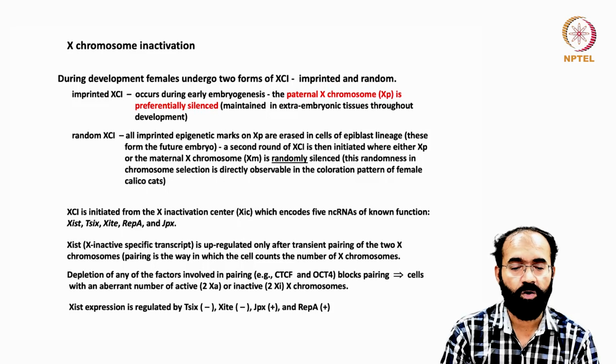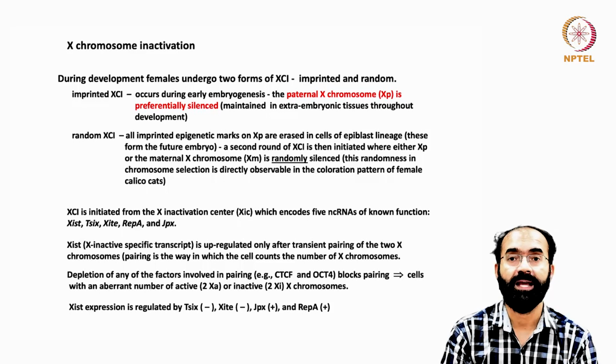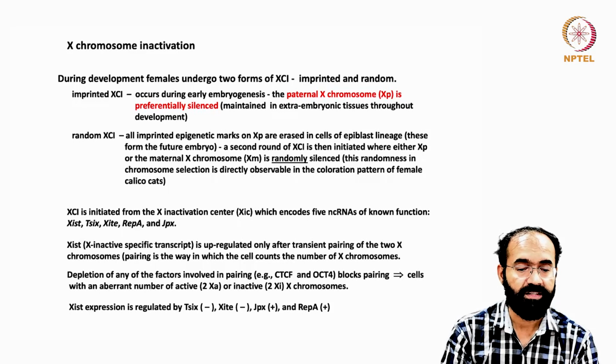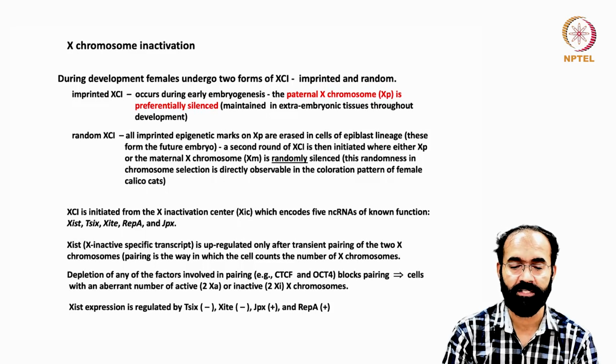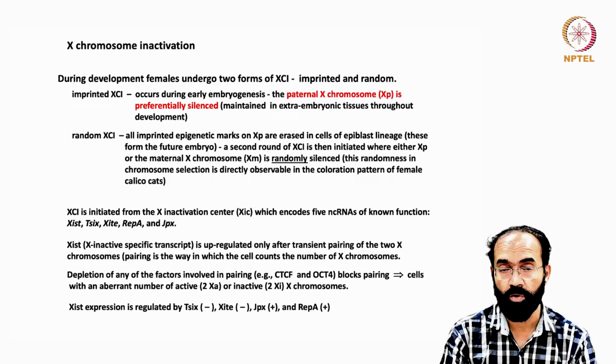Depletion of any of the factors involved in pairing, such as CTCF and OCT4, which are important for counting, blocks the pairing, giving cells with an aberrant number of active X chromosomes. That means both X chromosomes can remain active or both can remain inactive. Usually it shouldn't happen, unless an imbalance occurs in the expression level of CTCF or OCT4.